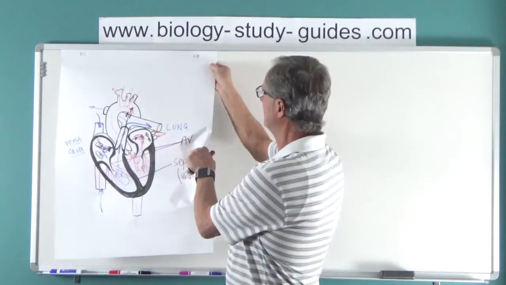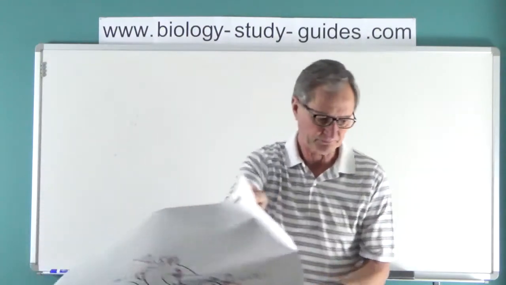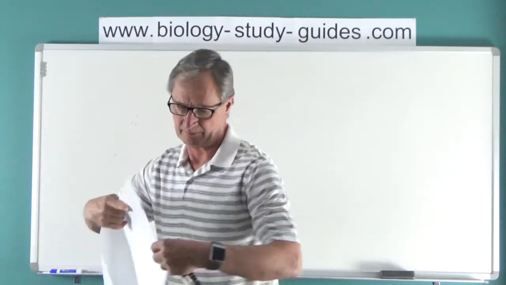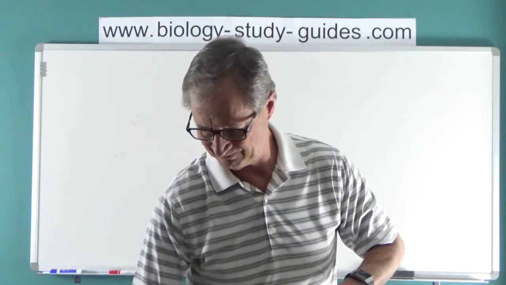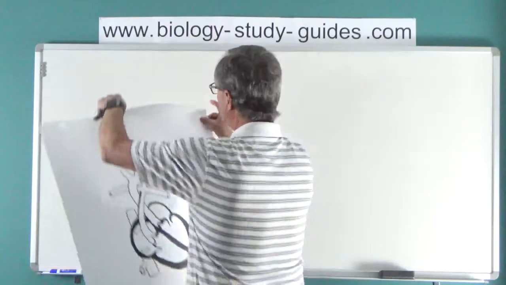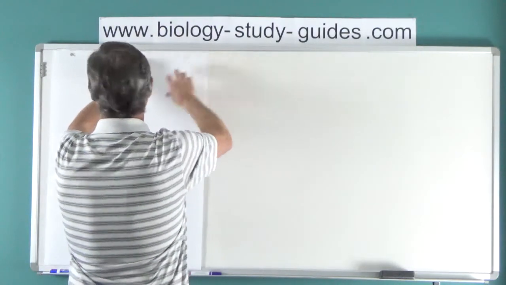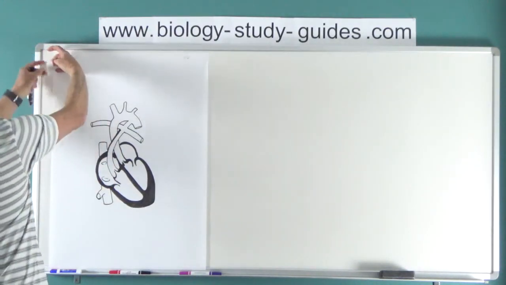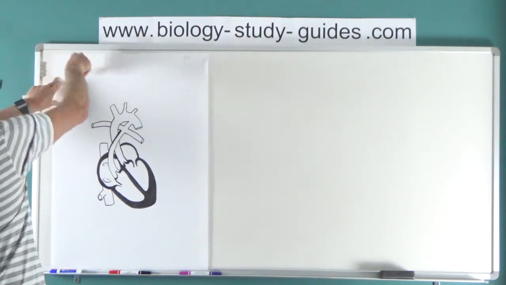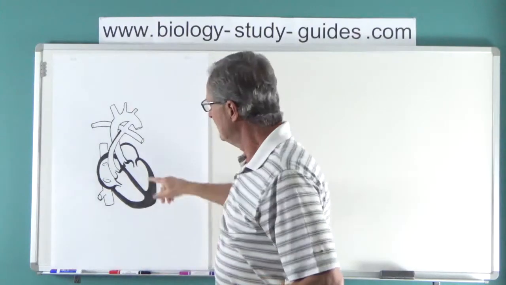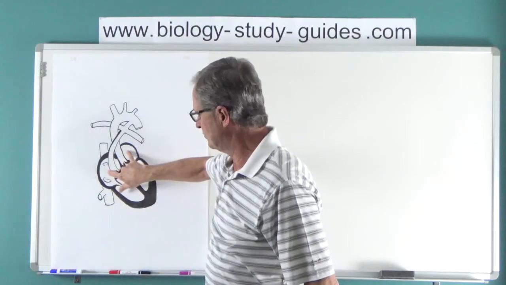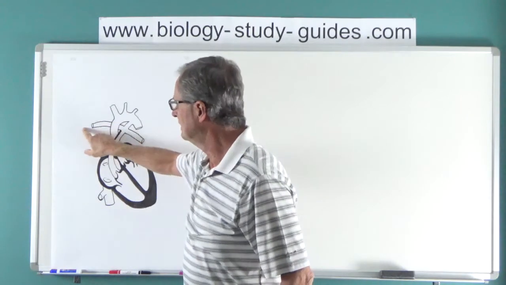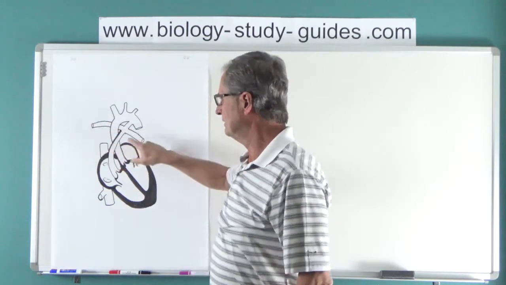Let me replace this picture with a different picture. Now, we have the ventricles, the atria, the pulmonary artery, the pulmonary trunk, leading to the pulmonary artery that would go to the right lung and to the left lung.